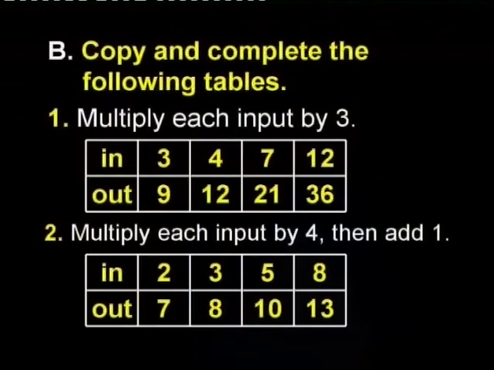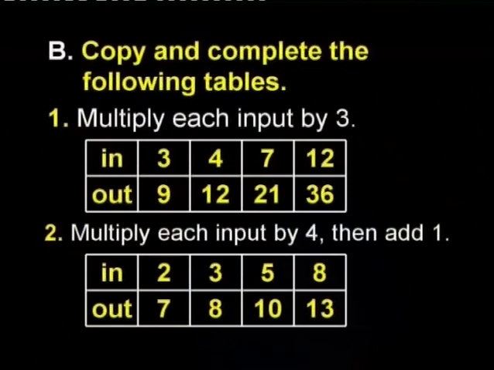Table of values. You are to follow some rules to fill in the table. Multiply each input. These are the numbers that go in the machine. Let's say this is a machine, and out comes the results. Each input by 3, 3 times 3 will give you 9. And you go on multiplying by 3.